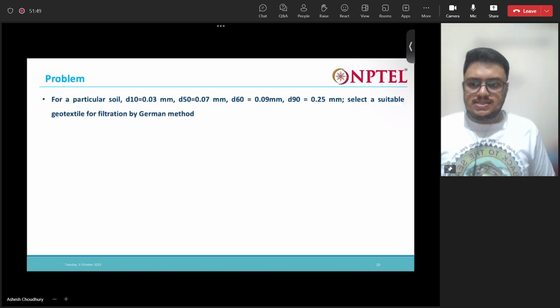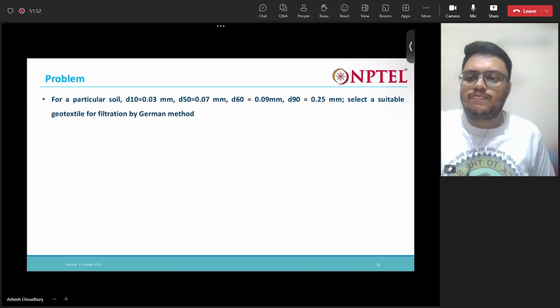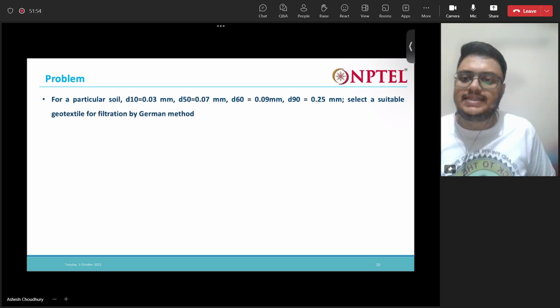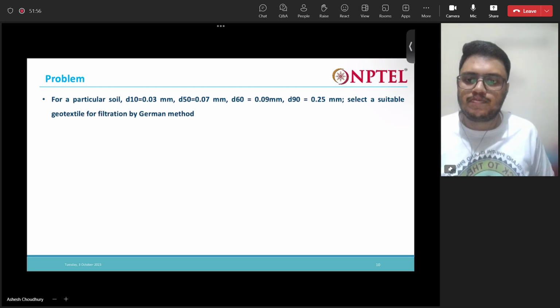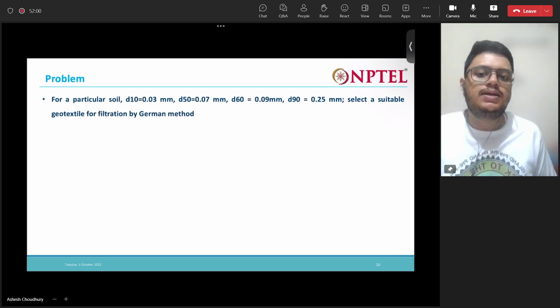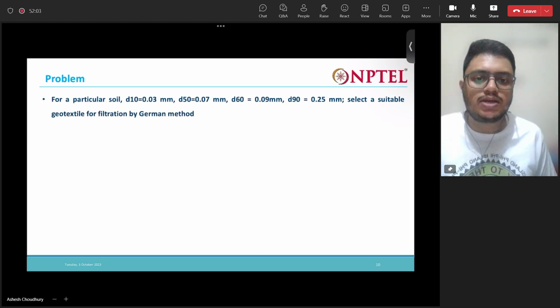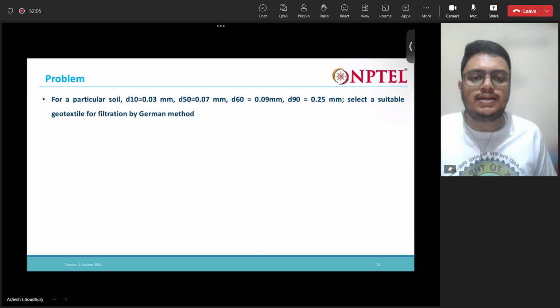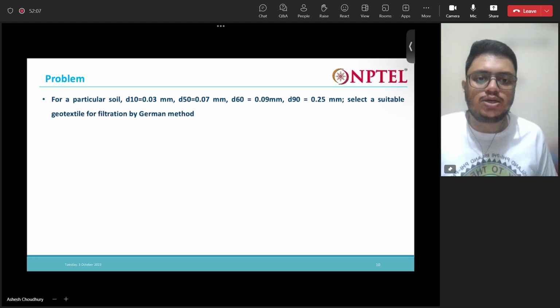So let us see this basic easy problem. For a particular soil, D10 is 0.03 mm, D50 is 0.07 mm, D60 is 0.09 mm, and D90 is 0.25 mm.